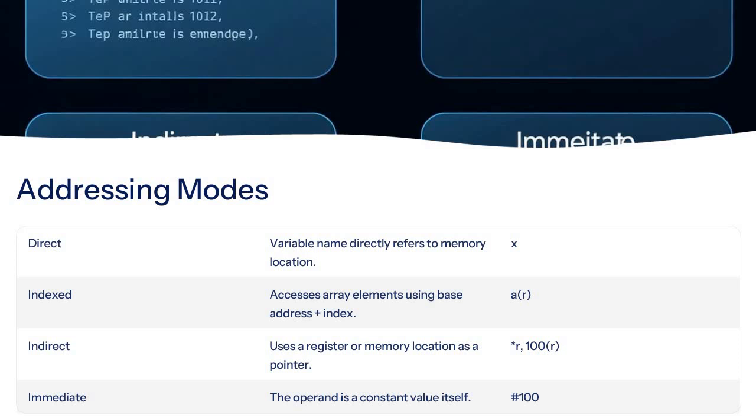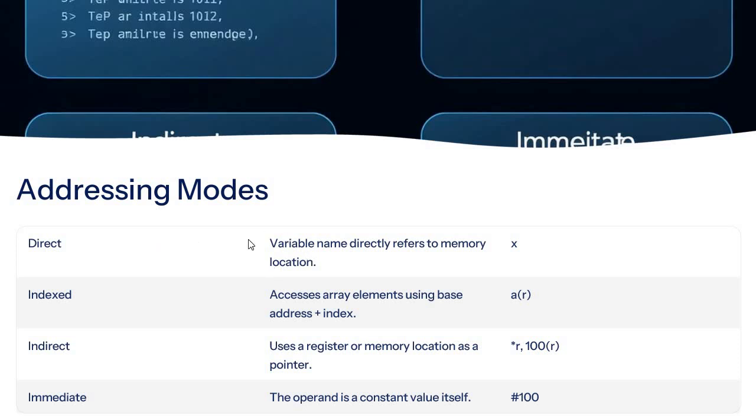Next, addressing modes. One of the powerful features in code generation is the addressing mode, which determines how the location of data is interpreted. Here are the 4 common types. First is direct.